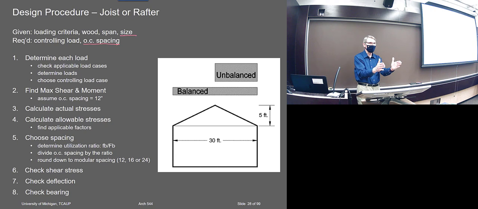Of course that spacing has to match up with the panels that are being put on it, the 4-foot wide panels. So that's why you have to come down to multiples of 48, I guess, right? You have 16 inches or 12 inches or 24 inches. Those would be your choices.